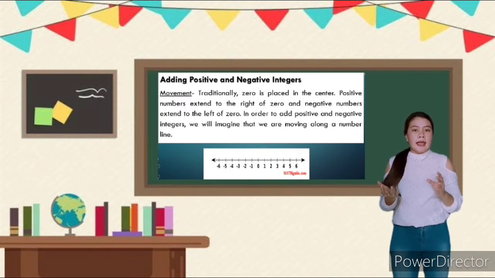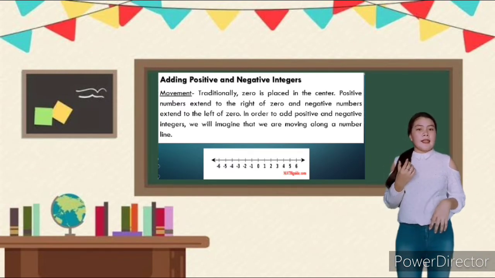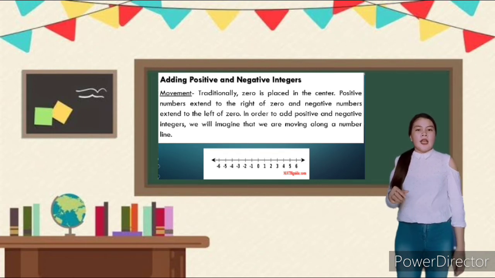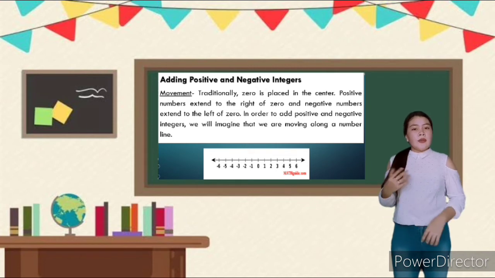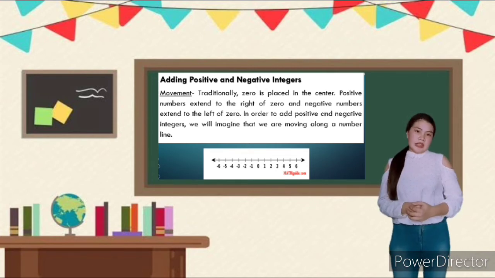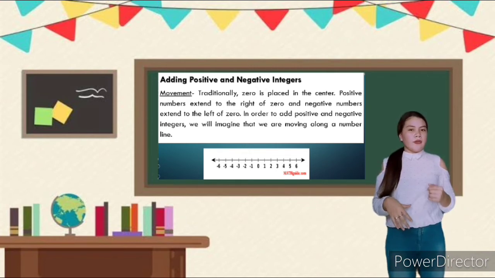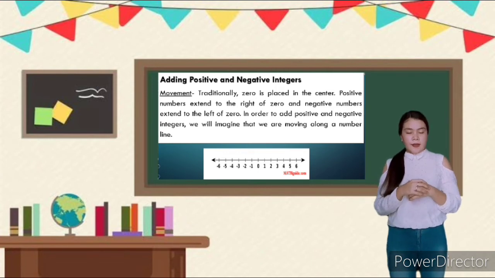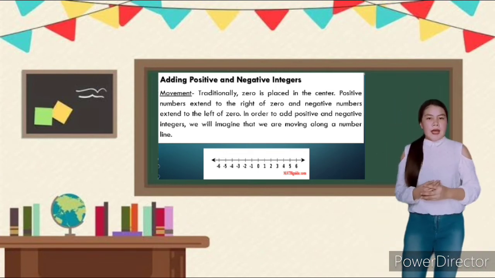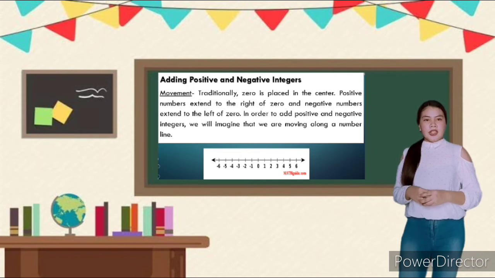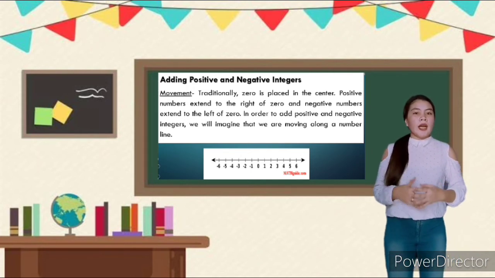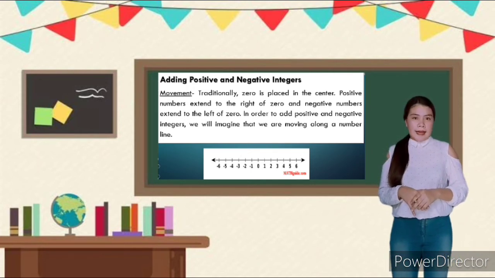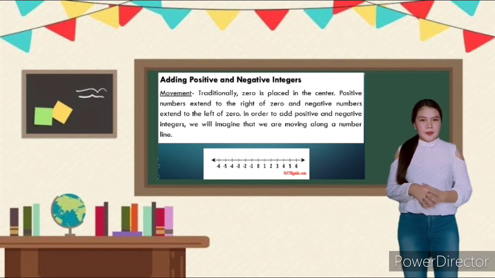In a number line, traditionally 0 is at the center, right? And as I have said earlier, 0 to the right is a positive integer, while 0 to the left is a negative integer. In order to add positive and negative integers, we will imagine that we are moving along with the number line.